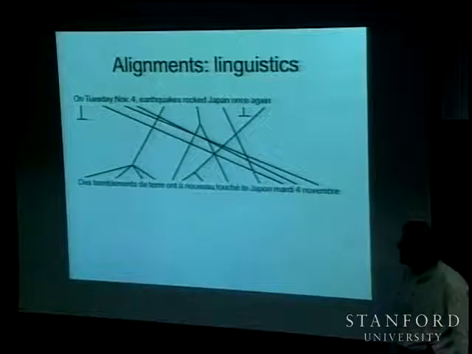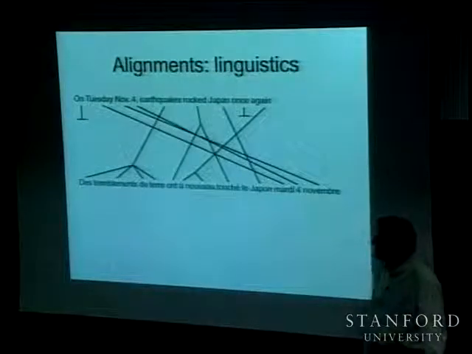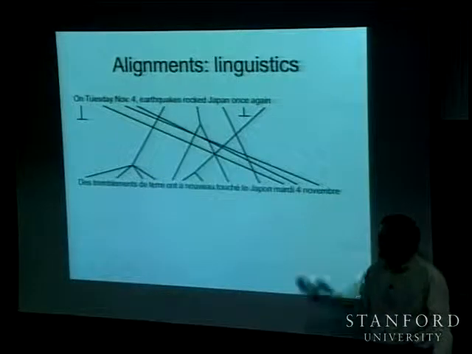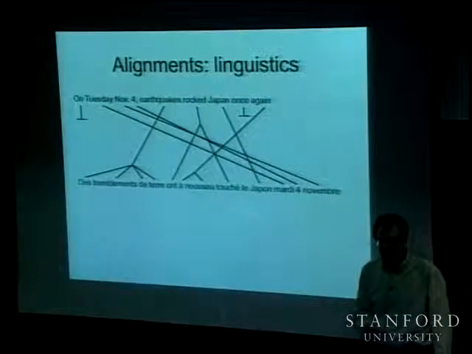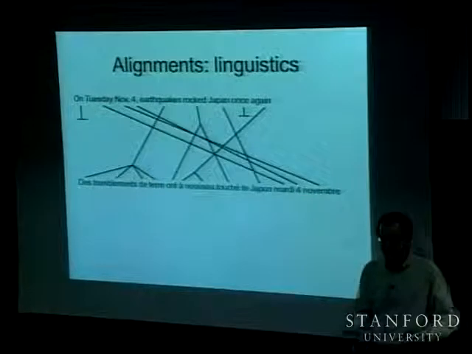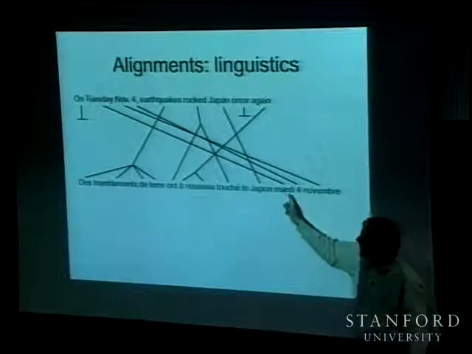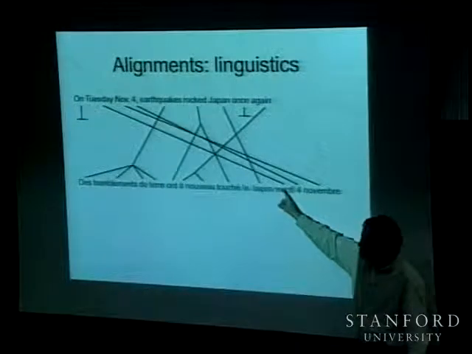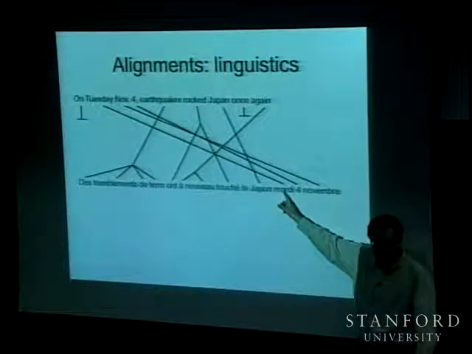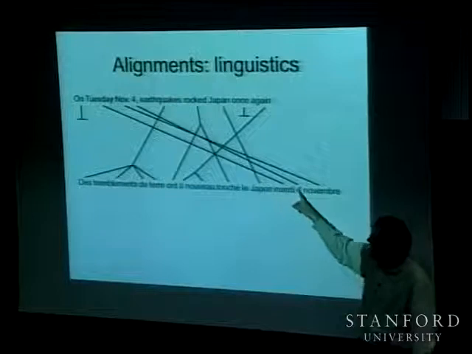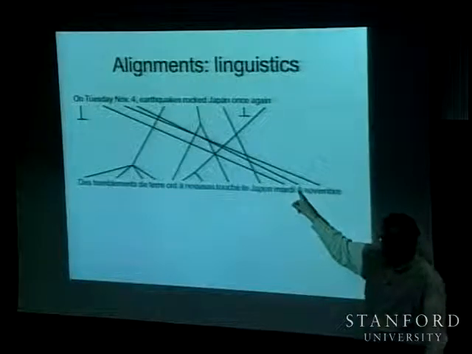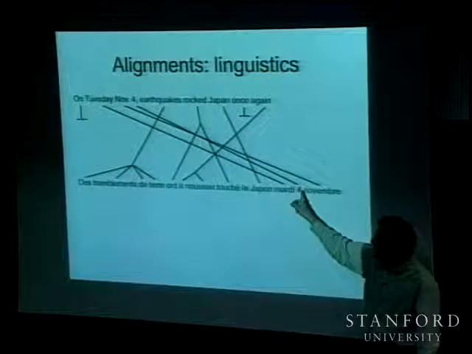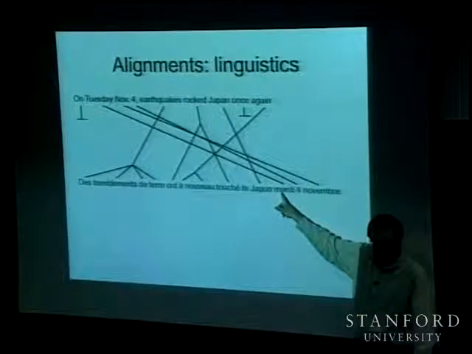But IBM Model 4 did something simpler, and what it did was essentially to handle these cases by saying you should only be penalized badly once. So when we align Tuesday and Mardi here, you're going to be penalized for there being a big displacement. But when you're then considering the alignment of 4, the displacement can be calculated relative to the preceding word.